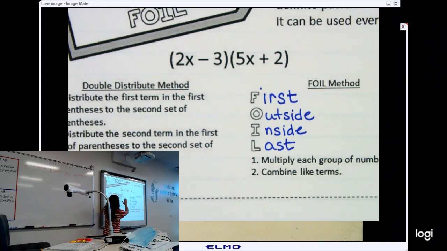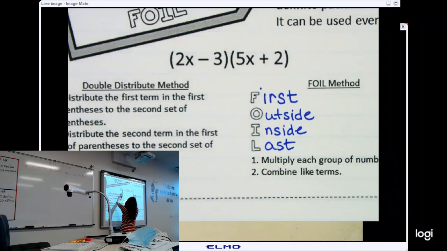So I've got two sets of parentheses, yes? Are these the first terms in each parenthesis? Yes. So those are the first terms. And then when it's talking about the outside, it's talking about the outer edges. So outside, these would be on the outer edges.